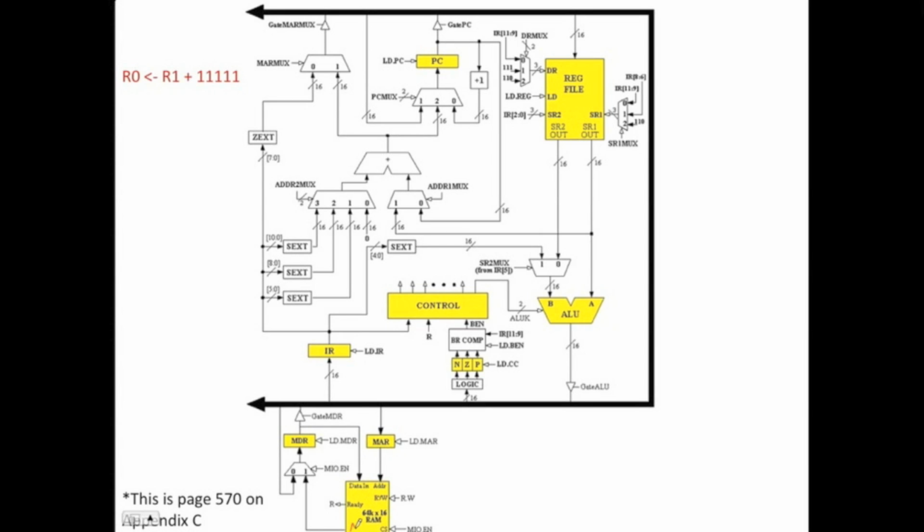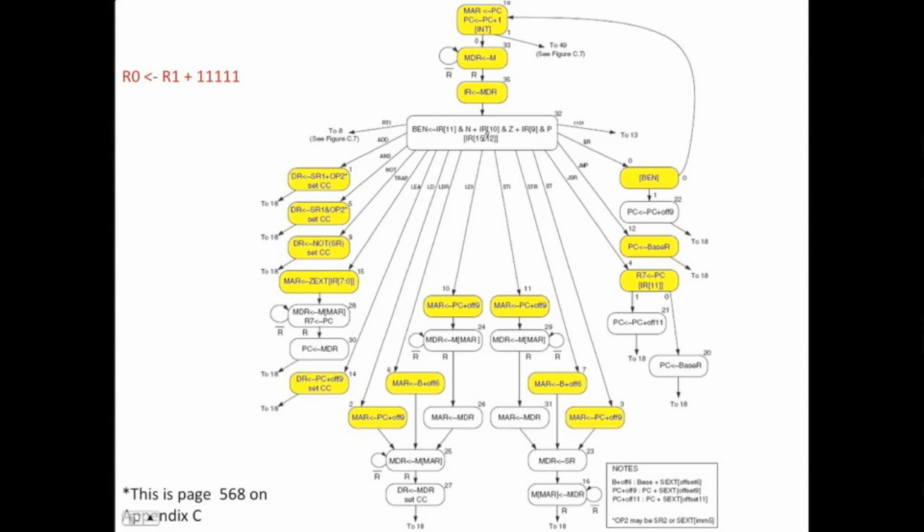So M is here. M needs to go to MDR. M will follow this path to this mux. In this mux, MIO.EN needs to be 1 so that the mux will pass through the data to MDR. And LD.MDR needs to also be 1 so that the data can load in here. Next state 35.